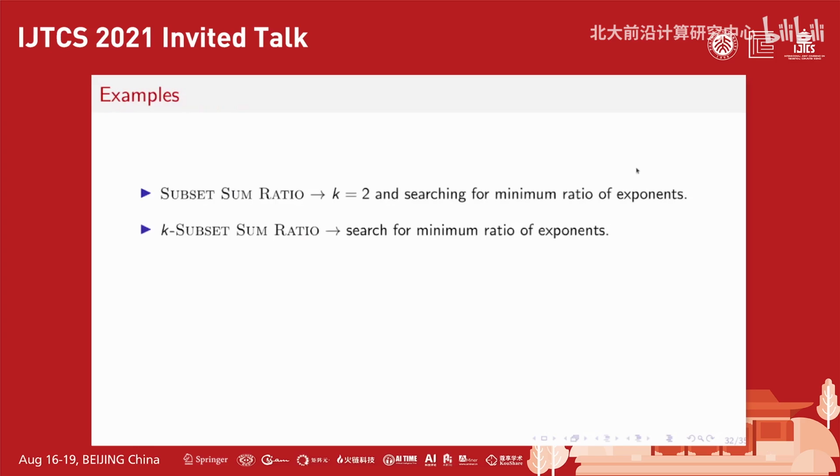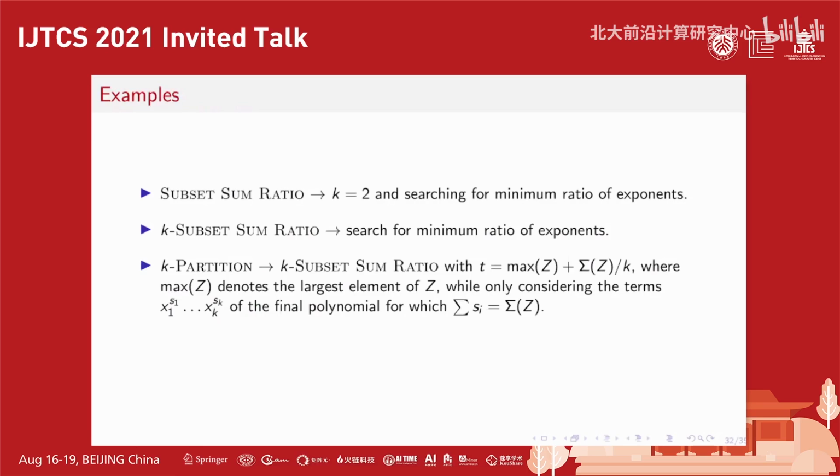We can also solve similarly the k subset sum ratio problem. We can additionally solve the k partition problem, which asks to determine what is the best way to partition our input set to k subsets, where we also can reduce this to the k subset sum ratio problem.